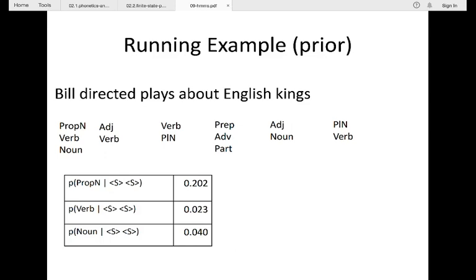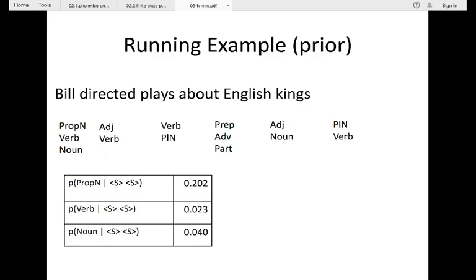So if we have a sequence like this, "Bill directed plays about English kings," then we can look and see, these are start symbols, start tags. We add those to the beginning of the sequence that we want to tag, for both words and tags, to give us an offset and let us know that we're at the beginning of a sequence.